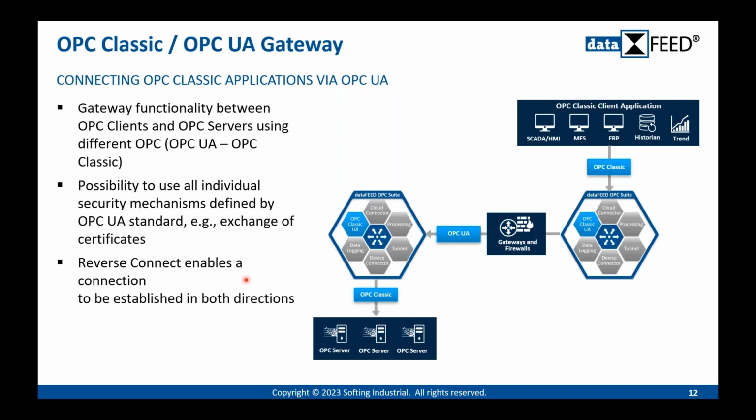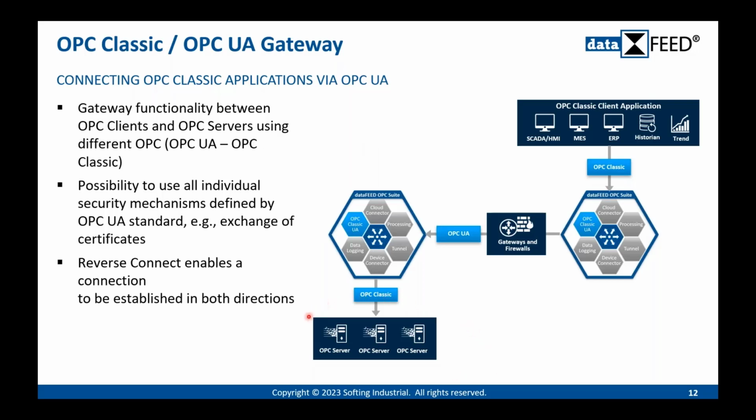In addition, we can also provide you a second solution. Here, if the customer wants, instead of the tunnel, we prefer to use an OPC Classic / OPC UA gateway. So it means we want to connect the OPC Classic application through a similar tunnel to an OPC Classic client application.